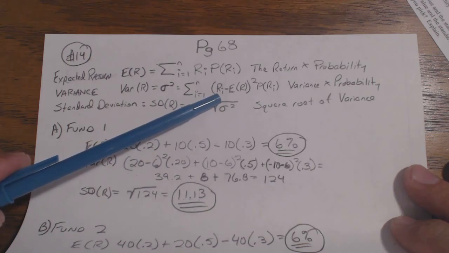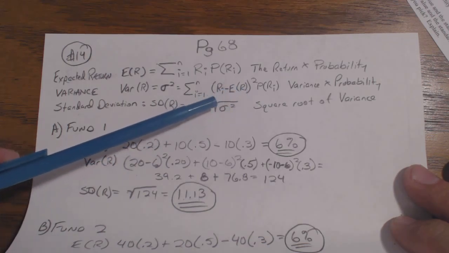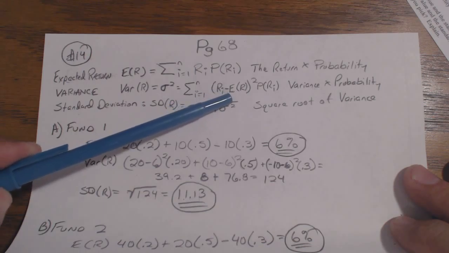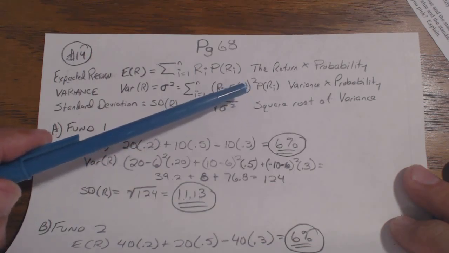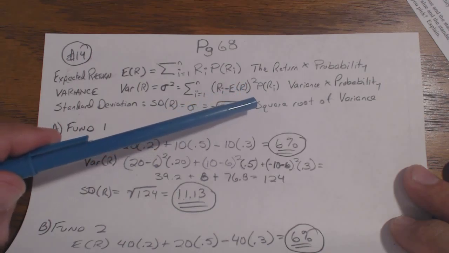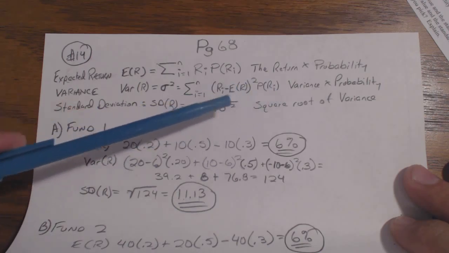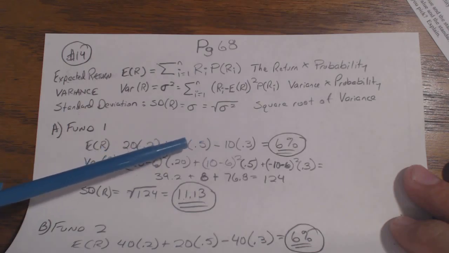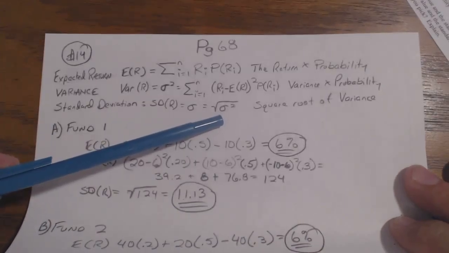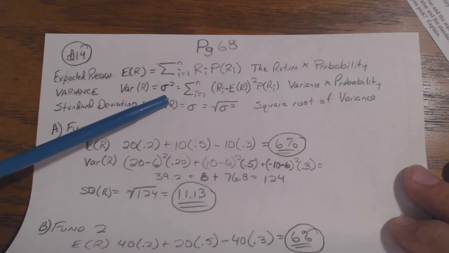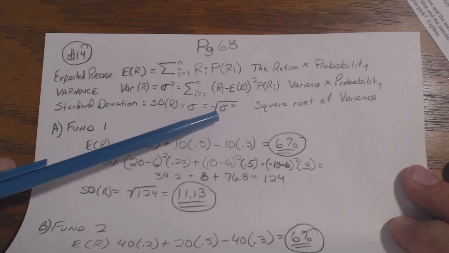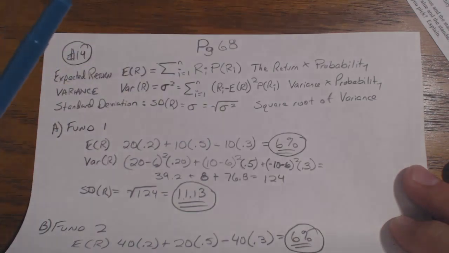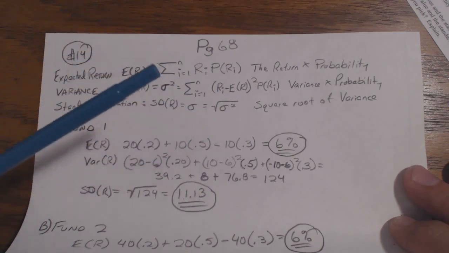It's x minus mu, or whatever it is, squared. It's the possible return minus the mu, which is the expected return. You square that, and that gives you the variance, but times the probability again. And then the standard deviation is just the square root of the variance. Remember, the variance is the standard deviation squared, so you take the square root.